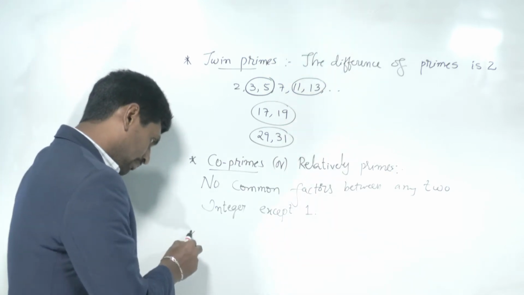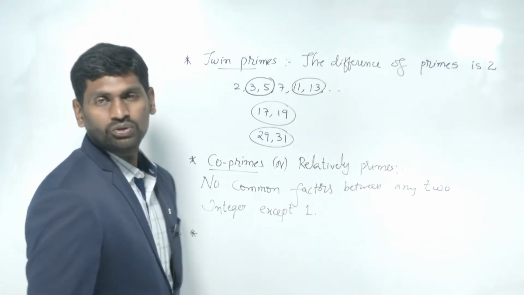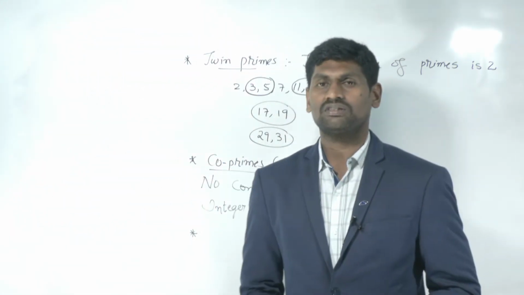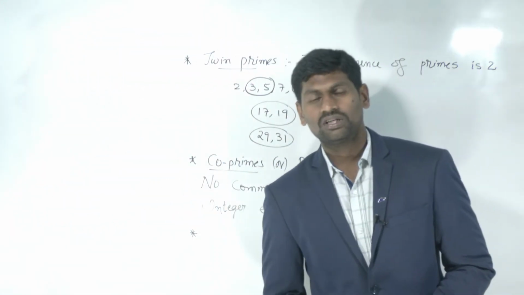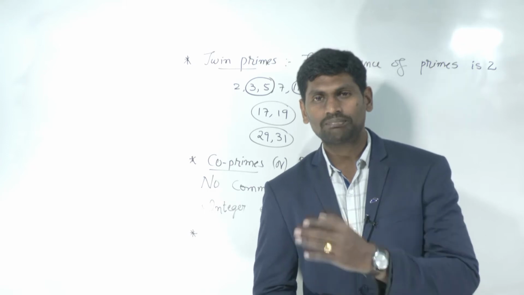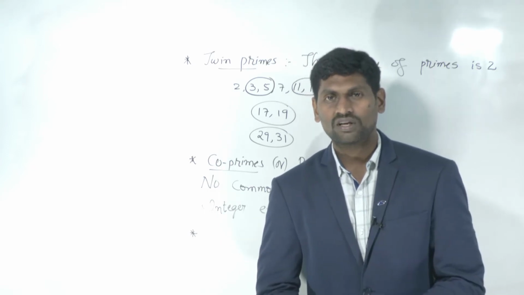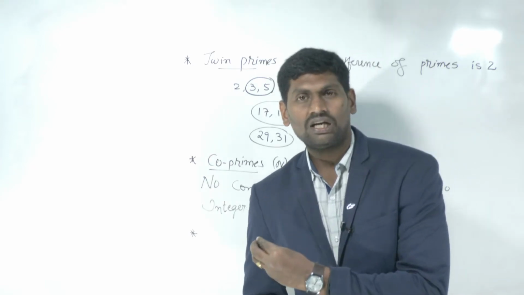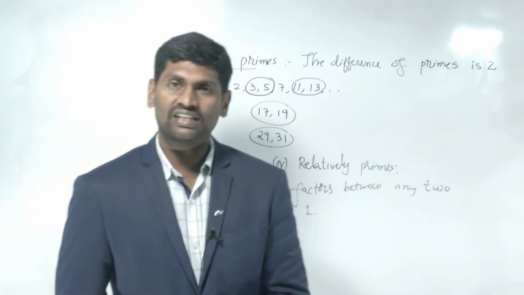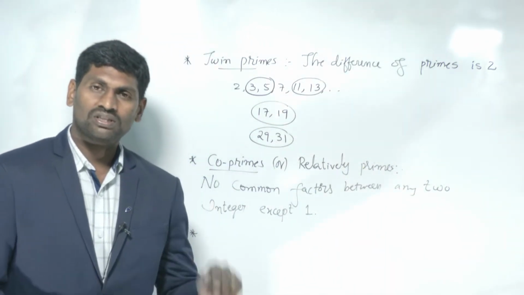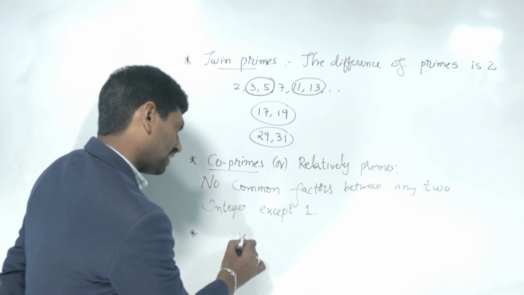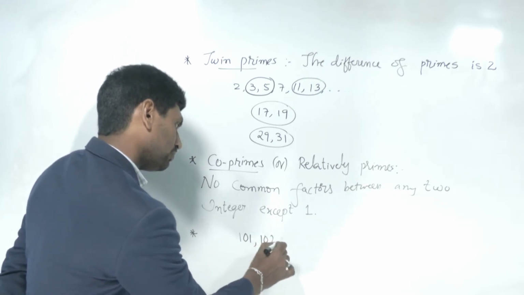Now here one important point is, any two consecutive numbers, that means continuous numbers, are co-primes, like 101 and 102.